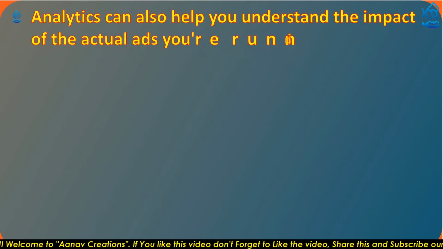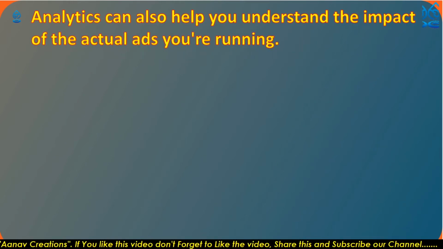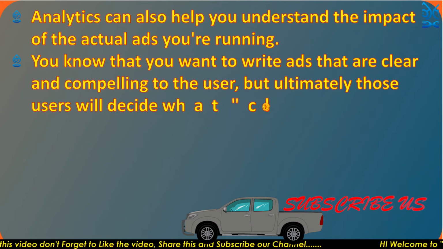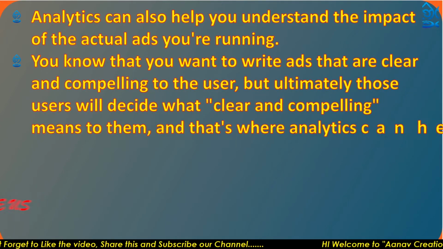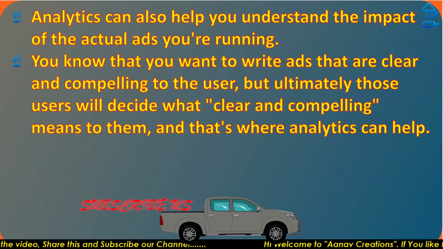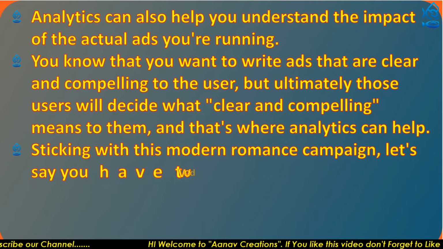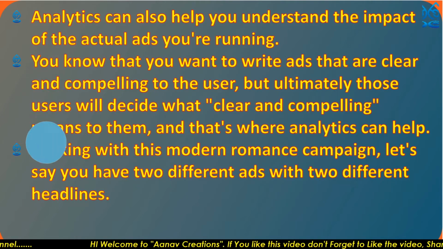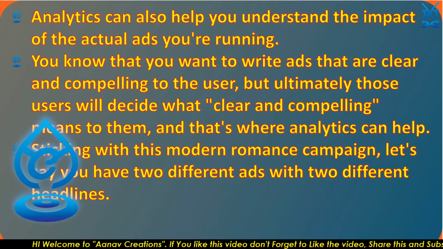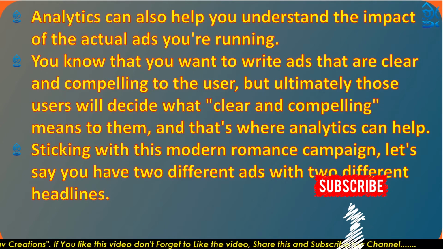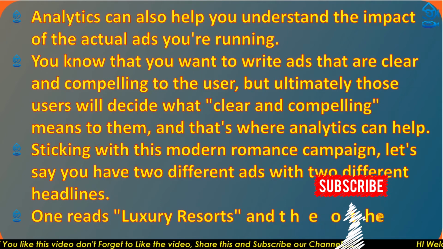Analytics can help you understand the impact of the actual ads you are running. You know that you want to write ads that are clear and compelling to your user, but ultimately those users will decide what clear and compelling means to them. And that's where analytics can help. Sticking with this Modern Romance campaign, let's say you have two different ads with two different headlines.